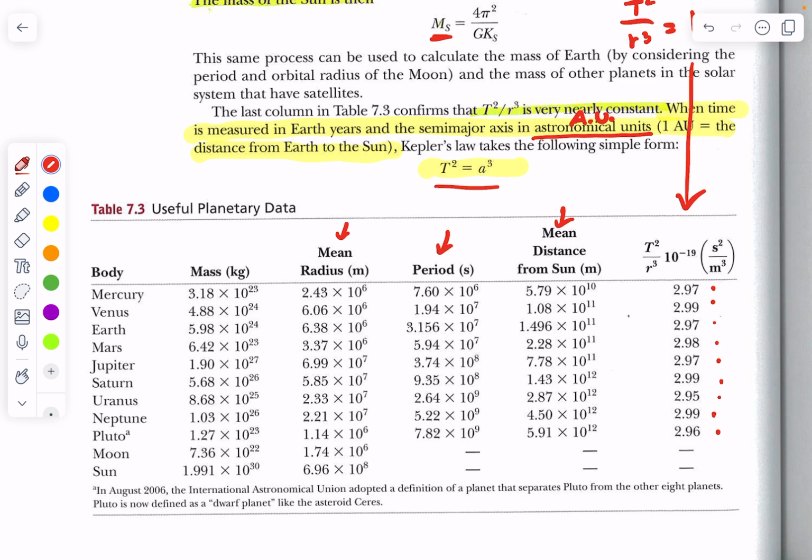An astronomical unit is based upon the distance of the Earth from the sun, and the period is going to be based upon the time it takes for the Earth to go around the sun in years. We get t squared equals a cubed.